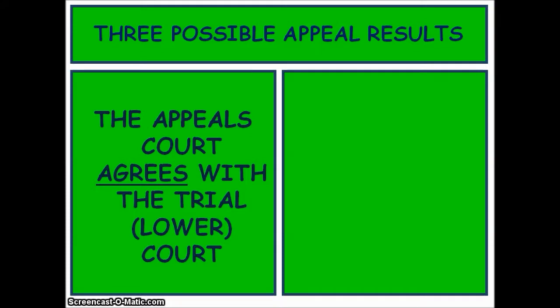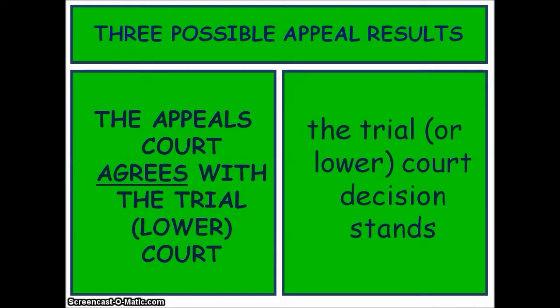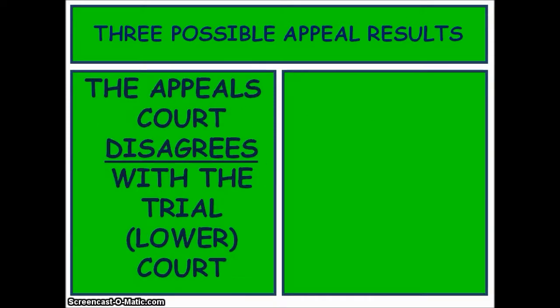So in this case, an appeals court would listen to the case, but they would decide that the wiretaps were legally obtained and therefore the evidence, the recordings, were admissible in the trial. And in that case, again, the trial court decision stands. And then the final potential result is that the appeals court not only hears the case but also disagrees with the lower court, in this case the trial court.